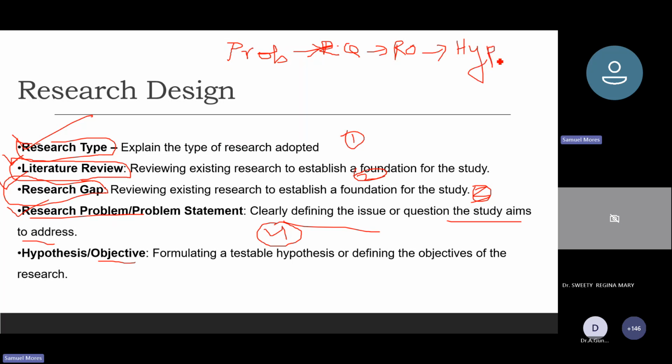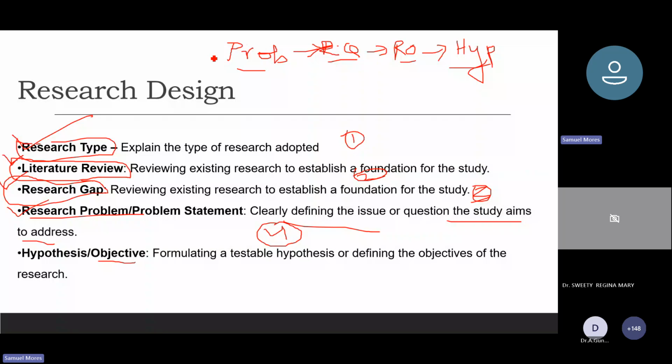This is how you should narrow down. This is the right direction. You should not start with the hypothesis, and you should not do the objectives first. You should start with the problem, and from the problem you should come up with the research questions, and from research questions you should develop the objectives, and from objectives you should come up with the hypothesis.